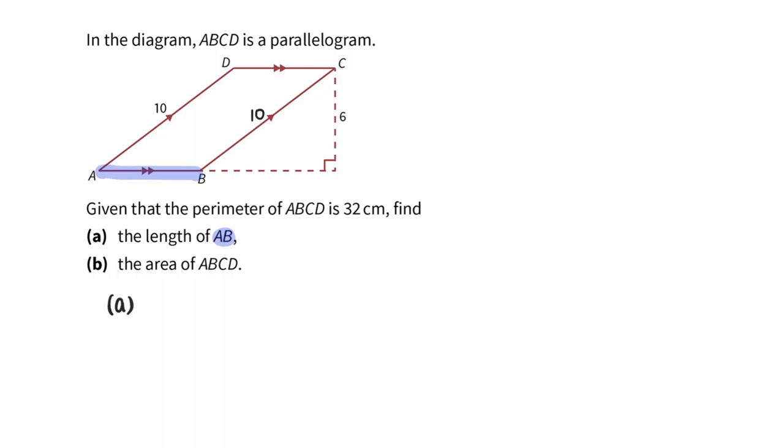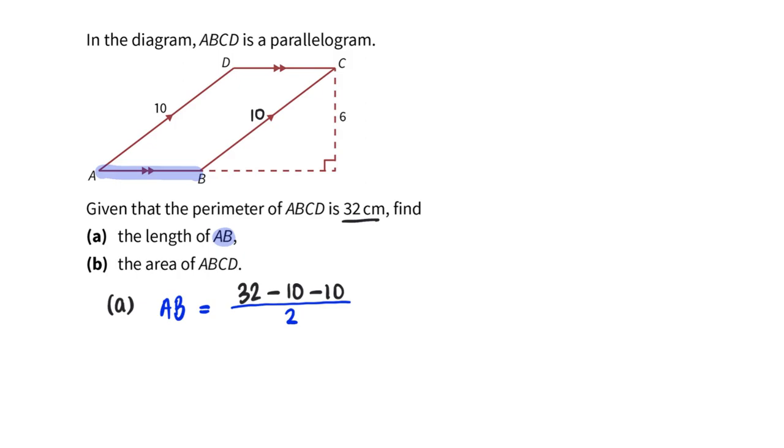So for this case, I will have my 32. So the length of AB is simply equals to the length 32. I will have to minus away the 10 and the 10. And after that, I divide by 2. Yeah?